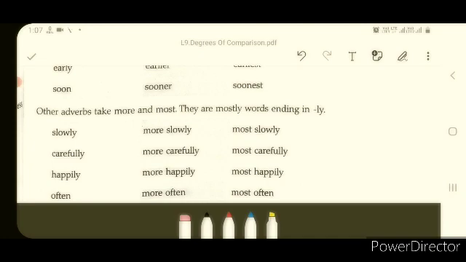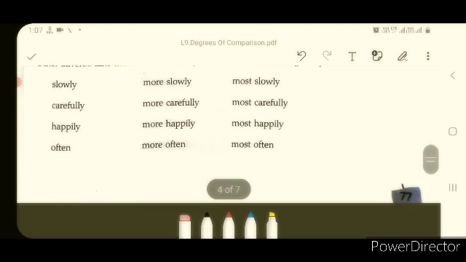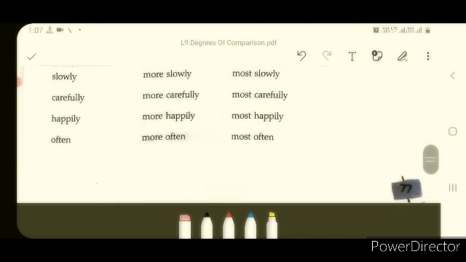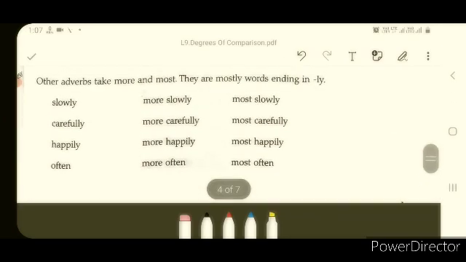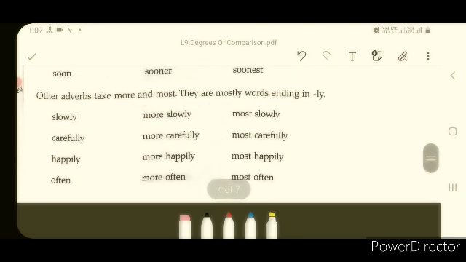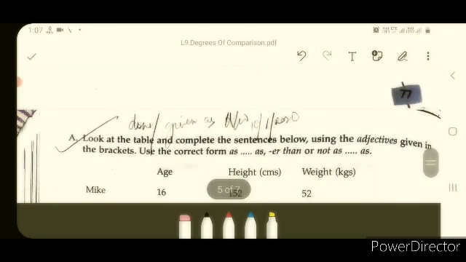Clear, slowly, more slowly, most slowly, carefully, more carefully, most carefully, often, more often, most often. So now with this, I guess we come to the conclusion of explanation of one section only. I want you to be very careful with the usage of words. How you are going to use words is what you are going to be careful about.